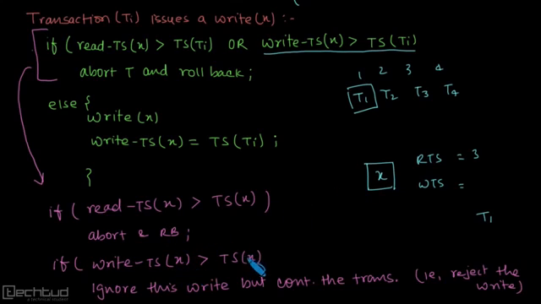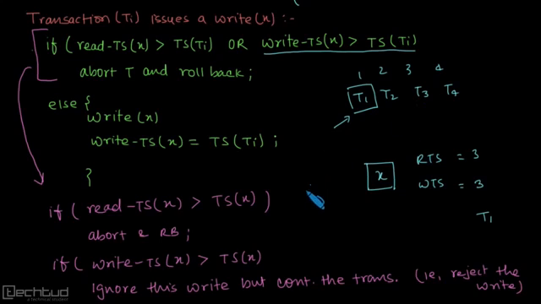But in the case of write, we change the rule here. If some later transaction has performed a write, let's say this is 3, the last write was performed by that transaction, then what do we do? We ignore the write operation by this transaction, but we don't abort and roll back, we continue the transaction.